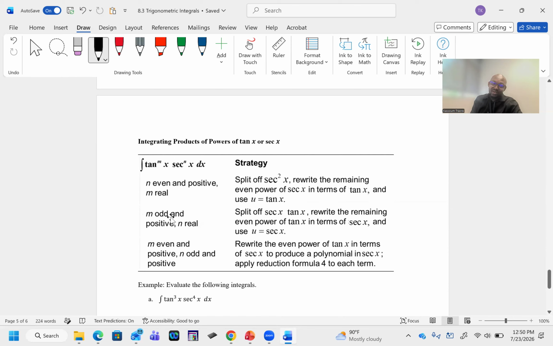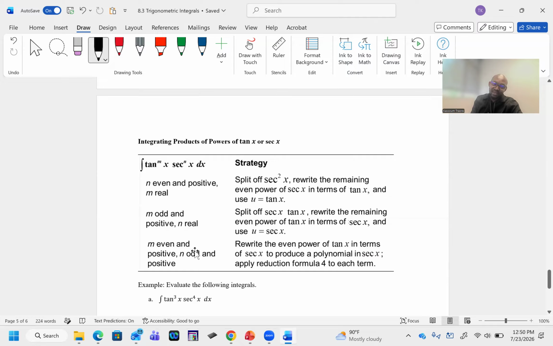If m is odd and positive, split off secant tangent, rewrite the remaining even power of tangent x in terms of secant x, and u is equal to secant x.